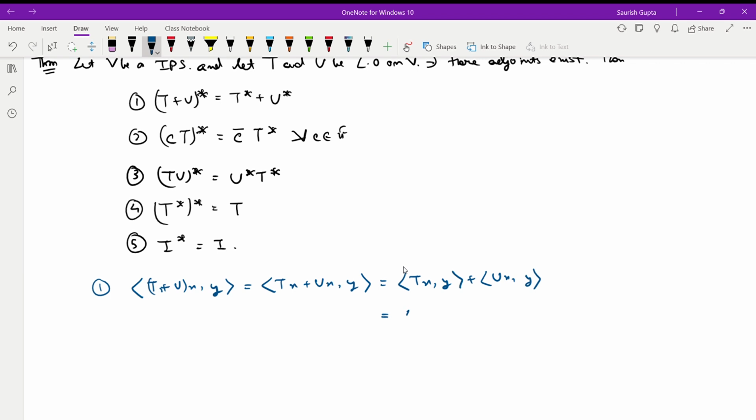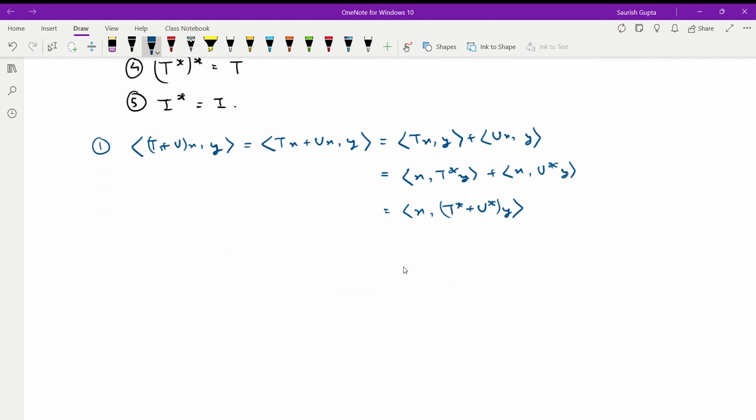Now, since the adjoint exists, we can write it as (x, T star y) plus (x, U star y). Then I can bring them together to get (x, T star y plus U star y), which is simply (x, (T star plus U star)y). Right? This is clear.